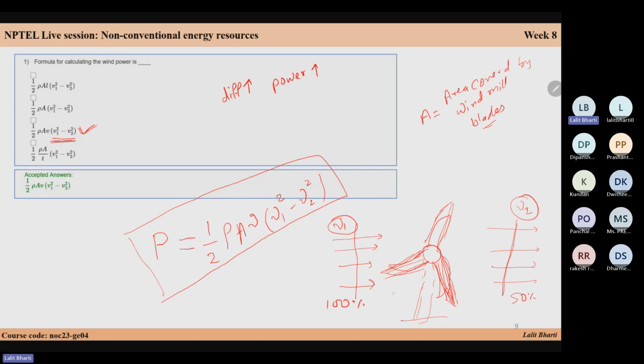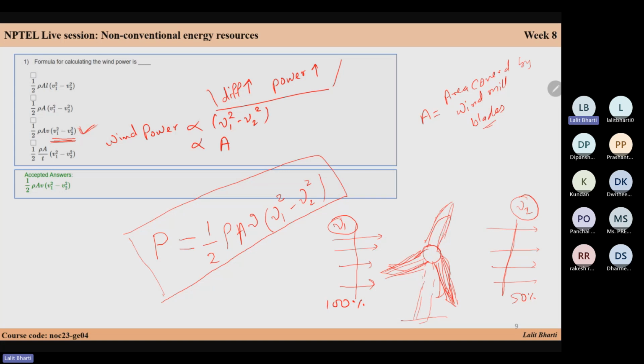So your wind power is directly proportional to the difference in wind speeds, which is basically v1 square minus v2 square. Again, this is proportional to A. A is your sweep area, or area covered by the windmill's blades.